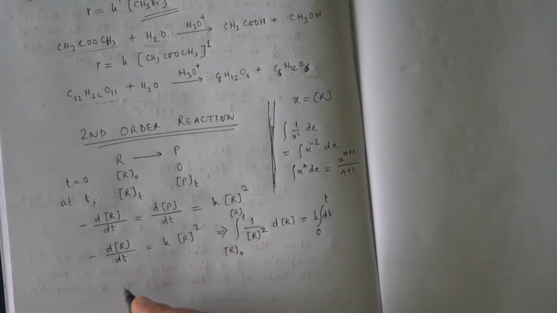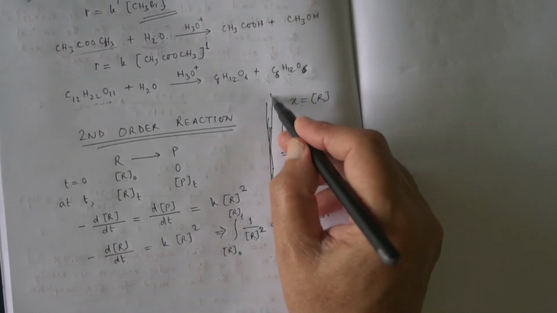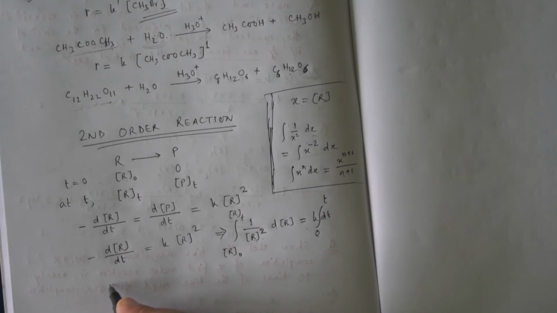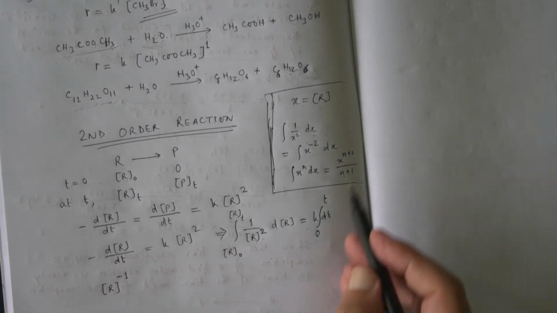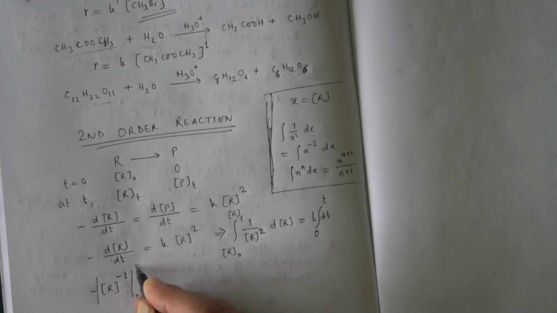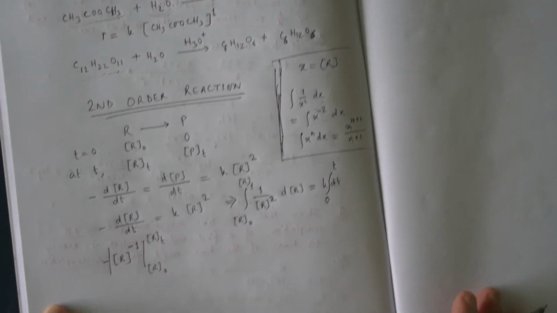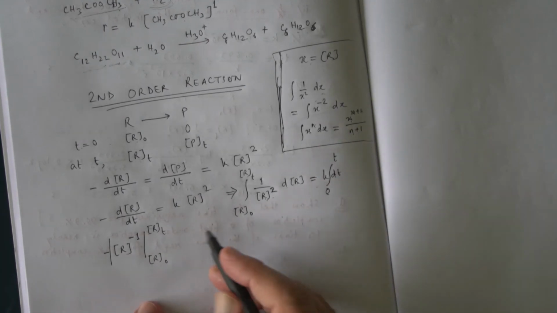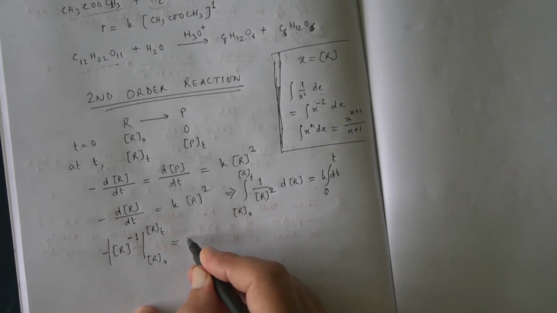If we do this integration, we get r to the power minus 1 over minus 2, then minus this, with limits r naught to rt. So this will be equal to kt.